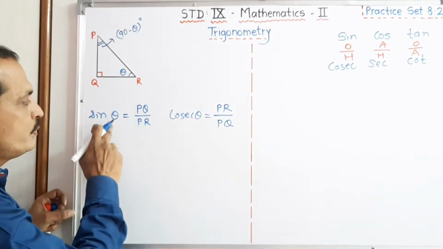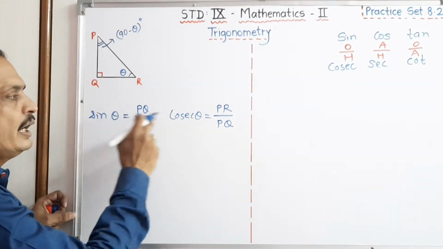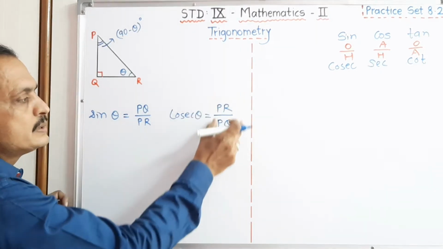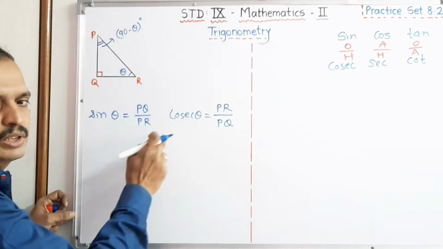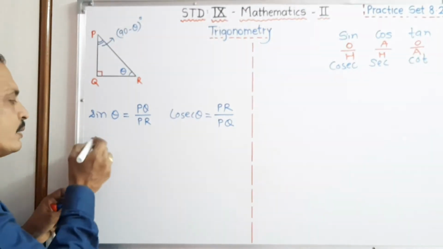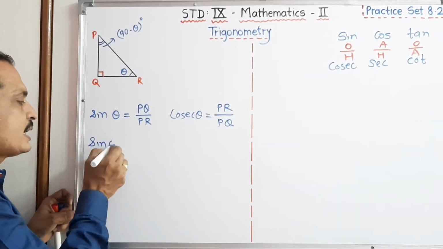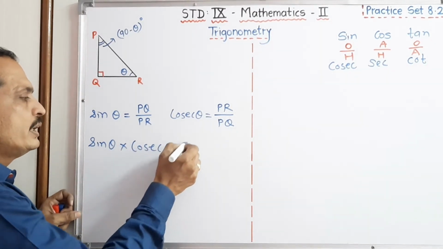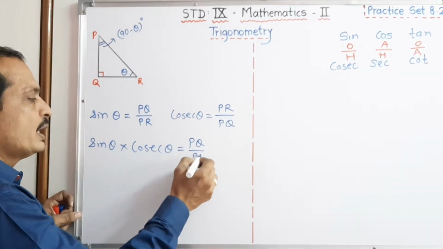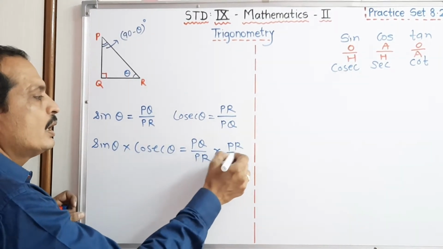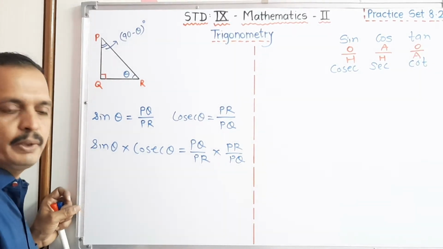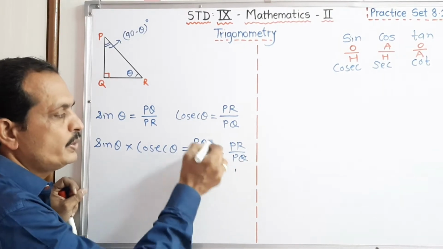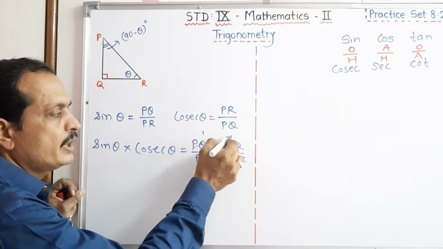Now dear student, if you observe this sine theta and cosec theta, sine theta is PQ upon PR and cosec theta is PR upon PQ. They are inverse of each other. Got it? Therefore if we write sine theta into cosec theta, then we write PQ upon PR into PR upon PQ. Now simplify: PQ and PQ cancel, PR and PR cancel, and we get 1.